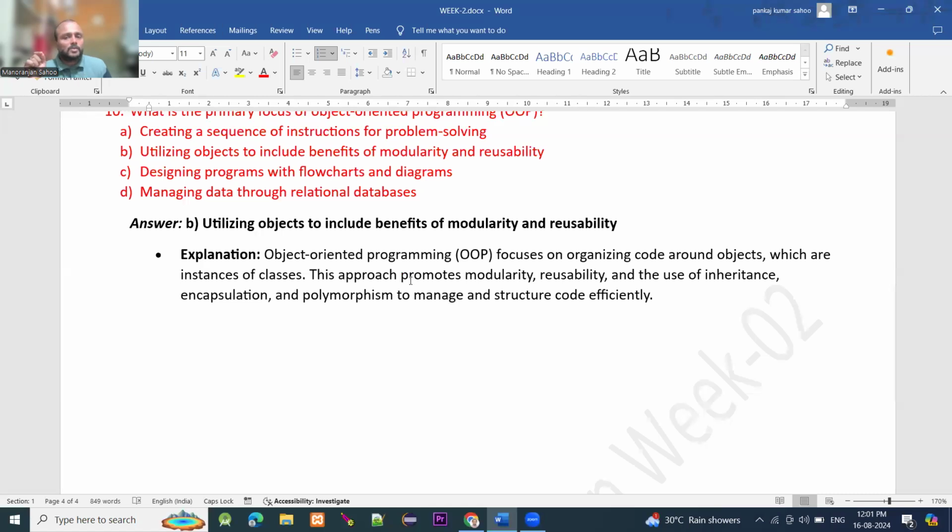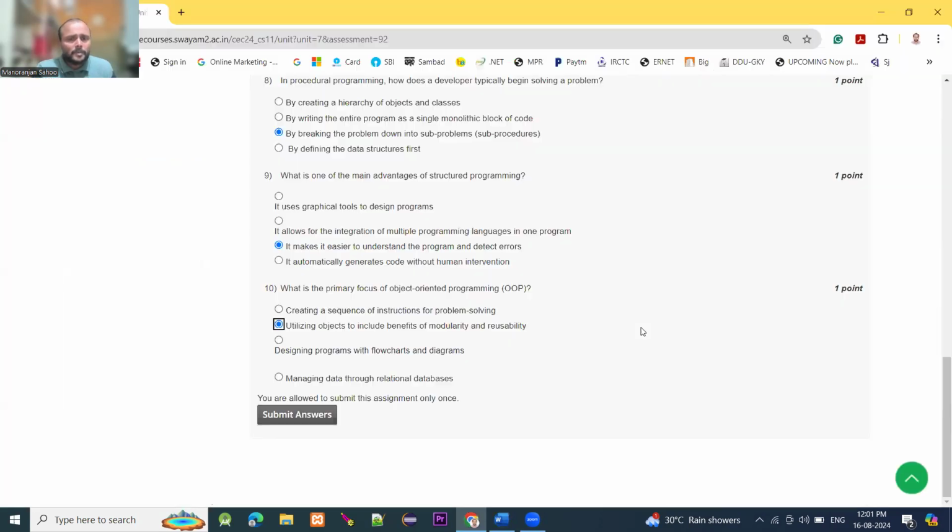This approach promotes modularity, reusability, and the use of inheritance, encapsulation, and polymorphism to manage the code structure efficiently. So option B is the most appropriate answer, utilizing objects includes benefits of modularity and reusability.